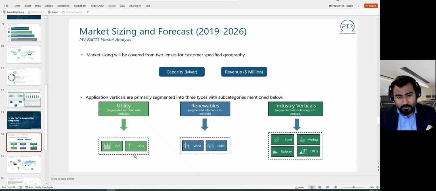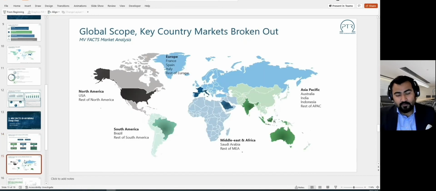So looking at TSO, DSO segmentation of the market, wind and solar, and then also 4 different industry verticals, including steel, mining, railway, and oil and gas. For this analysis, we break out more countries in 5 different regions, which we believe are the key markets for these FACTS devices.